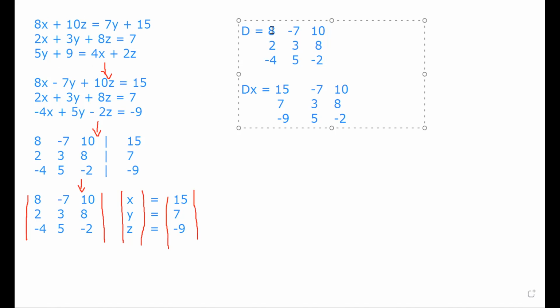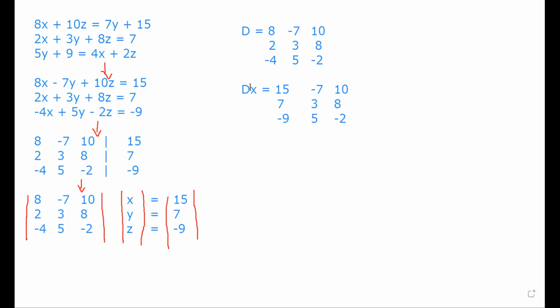X is the first position. Look at here. X is the first position in every equation. Likewise, y is the second. Z is the third. These x are in the first column. These y are in the second column. And these z are in the third column.